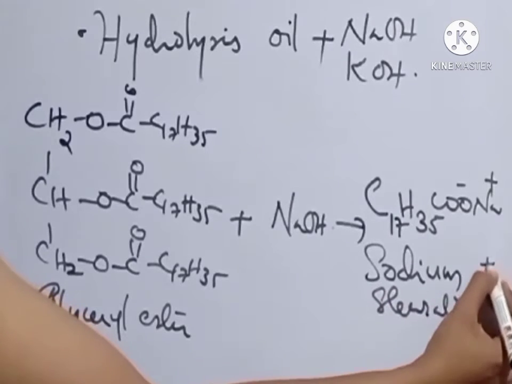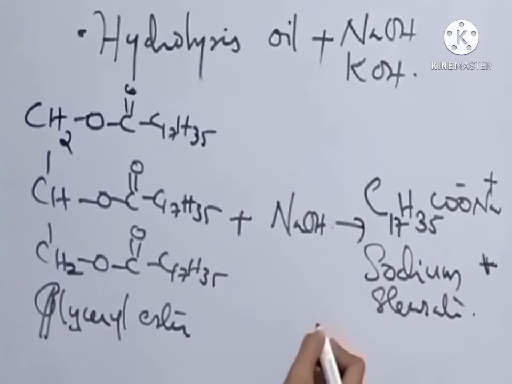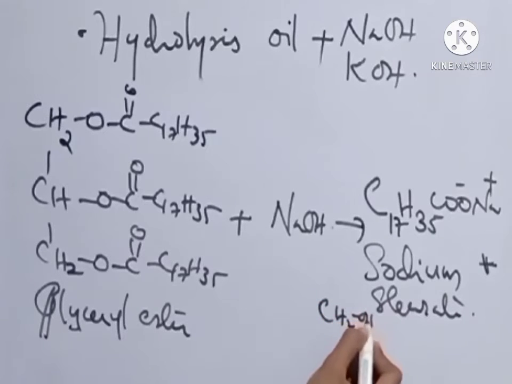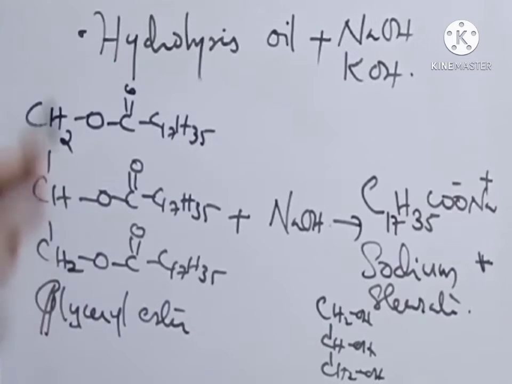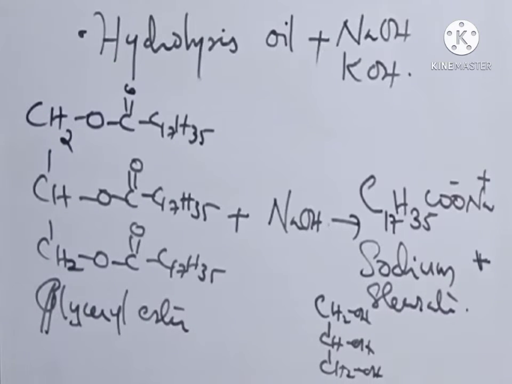In addition to that, we'll get a glycerol molecule, which is CH2OH, CHOH, CH2OH. This is glycerol molecule. So this is a typical preparation method of soap molecule.